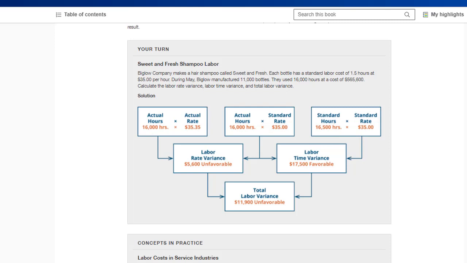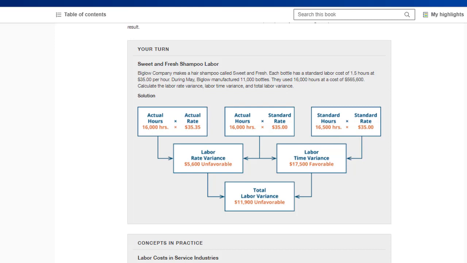The company originally expected to use 16,500 hours, which is more than 16,000 hours. So, did the company do better or worse than expected? Once again, it depends.